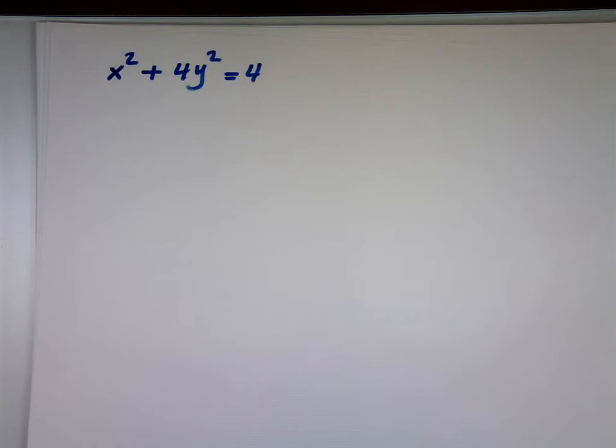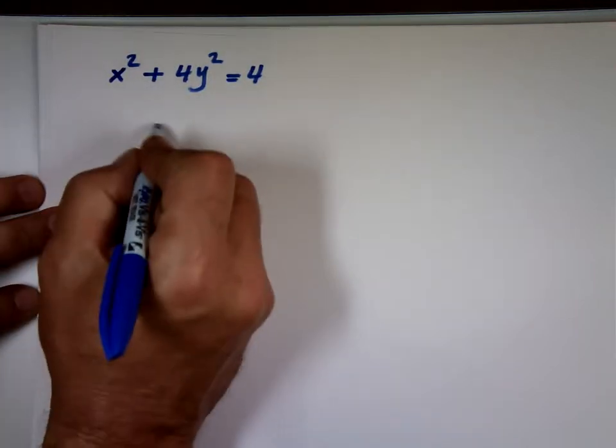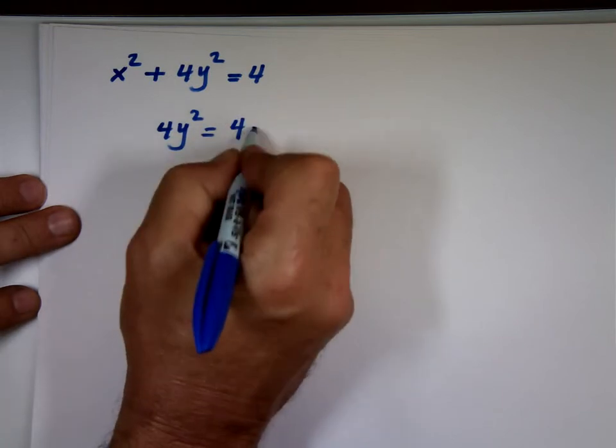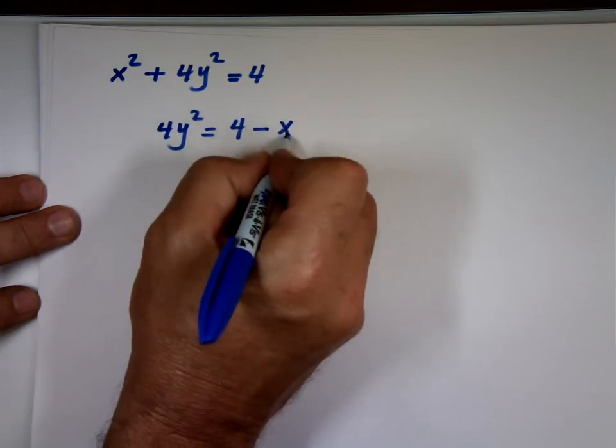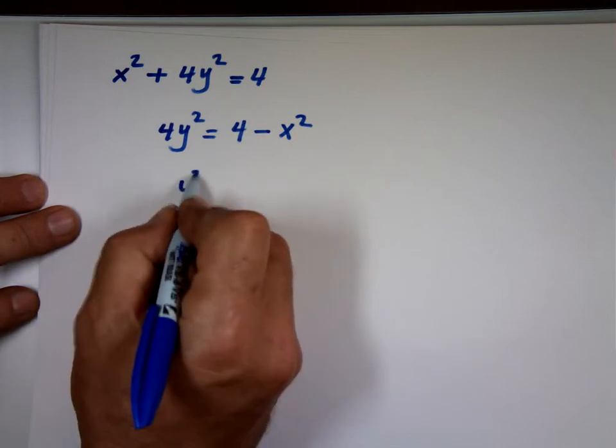Now I could solve this problem for y. I could. Because if you want to solve for y, you take the x squared there. What do you have? 4y squared equals what? 4 minus x squared. And to solve for y squared, you divide everything by 4.